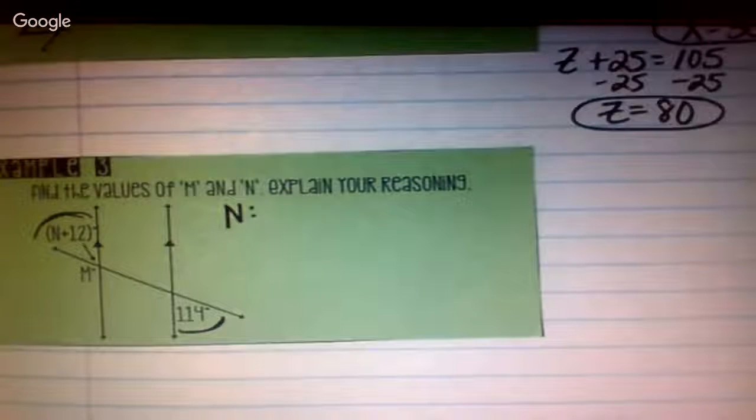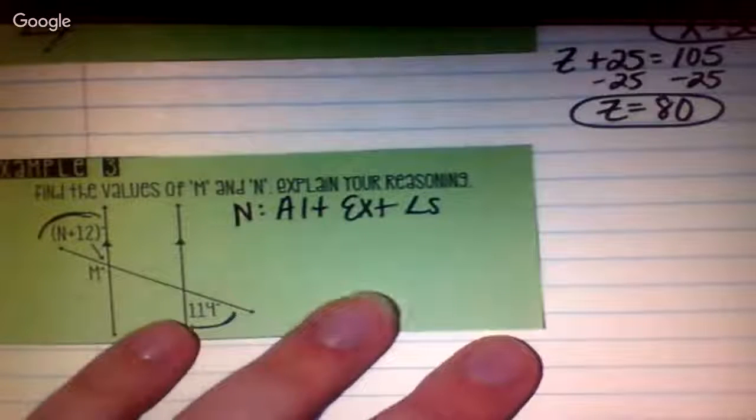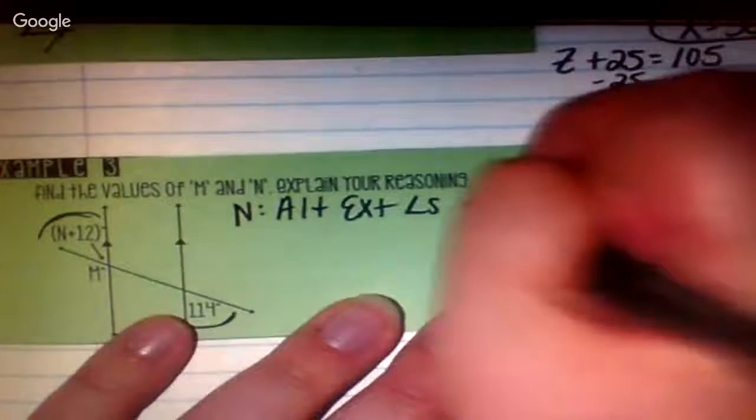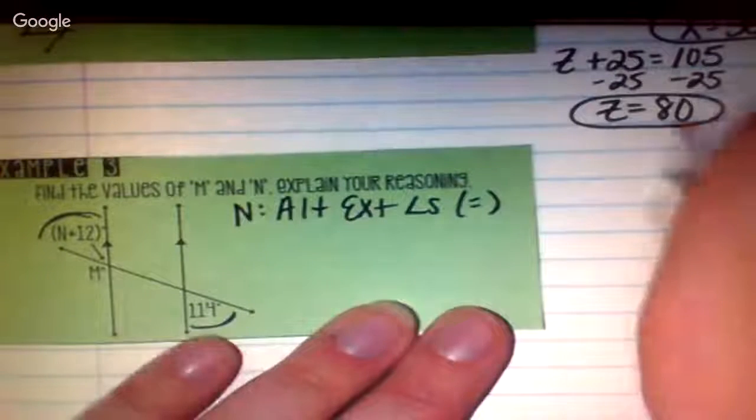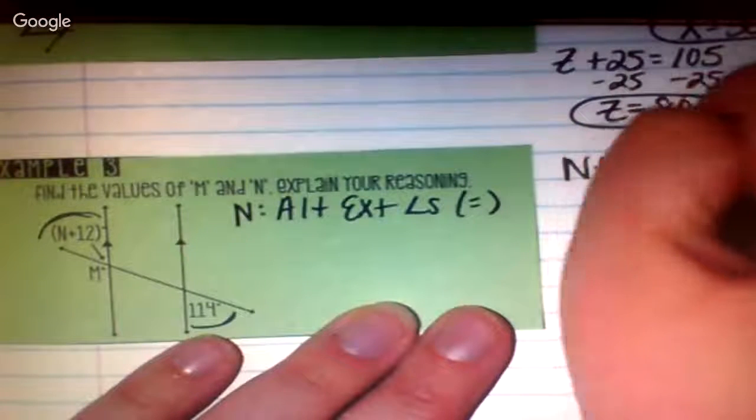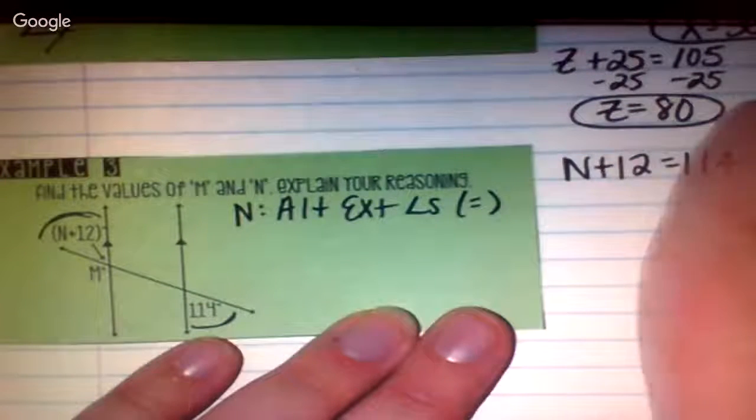Good. One is on the bottom of the transversal, the other one's on the top, which makes them alternate. They're both outside of my parallel lines, which makes them exterior angles, which again means that they are equal to each other. So you should have N plus 12 equals 114.